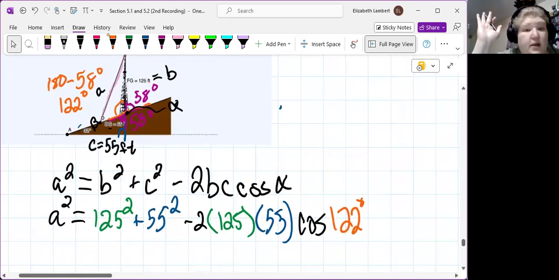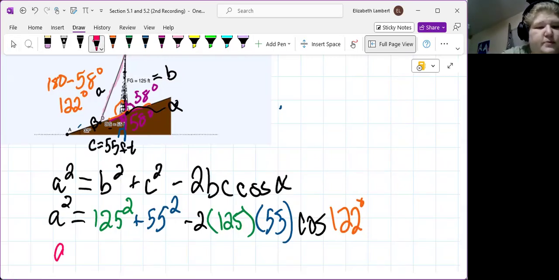That whole ugly thing is all something I can crunch, so let's go ahead and crunch it. Pull the handy dandy calculator back out. 125 squared plus 55 squared minus 2 times 125 times 55 times the cosine of 122.